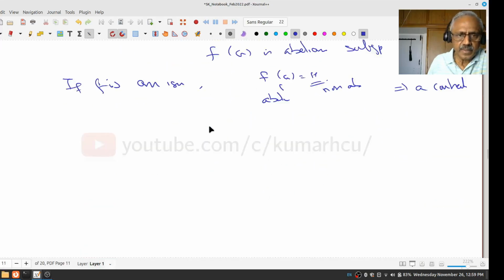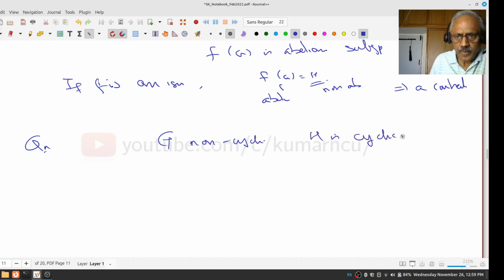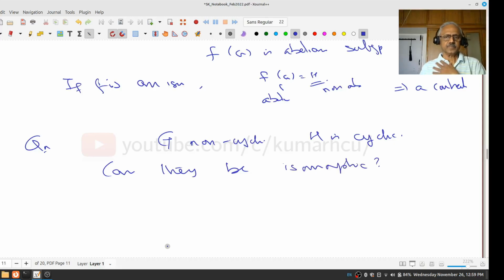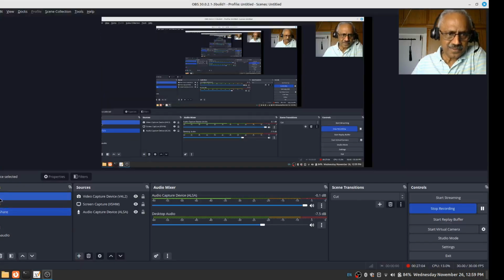And the second question: suppose G is non-cyclic and H is cyclic, can they be isomorphic? Think for a minute.